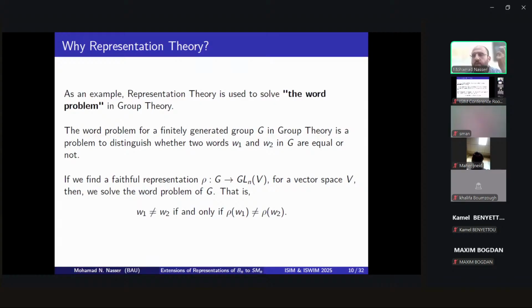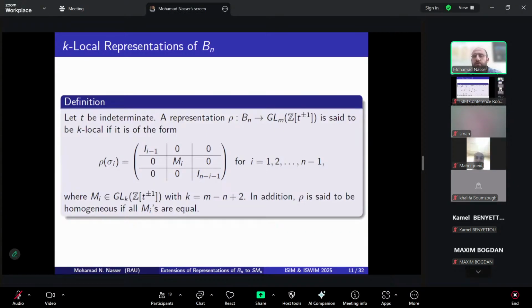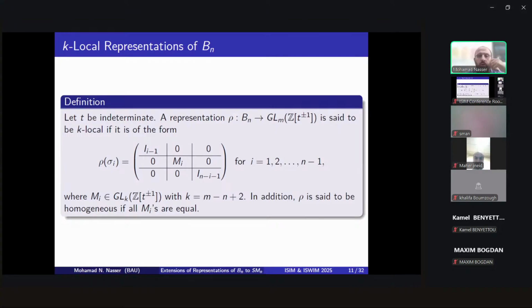To prove, for example, that two matrices are different, we just prove that the determinant is different, the rank is different, the trace is different, the eigenvalues, and so on. So representation theory helps in solving the word problem in group theory. This is one of the applications. Of course, there are a lot of applications. For example, in knot theory, every braid can be closed and transferred to a knot, and so on.